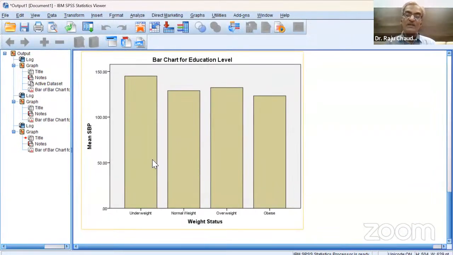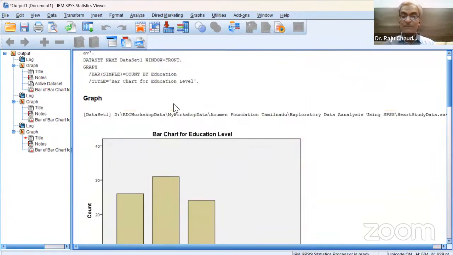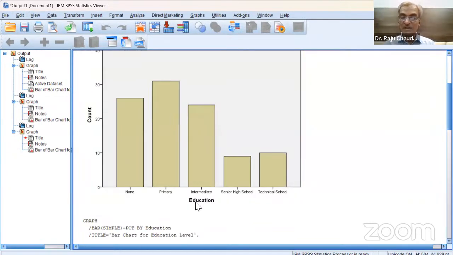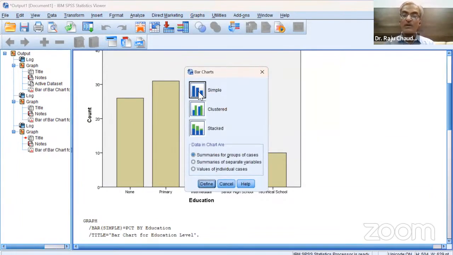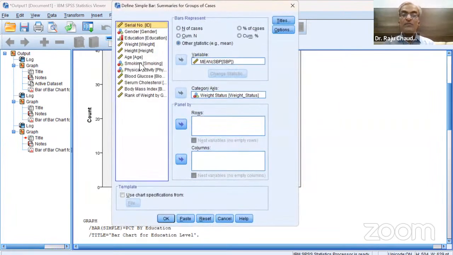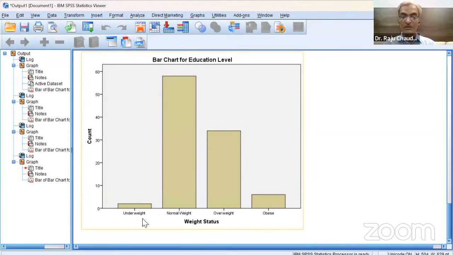Now see what we have. Try to understand the difference. In the first bar chart, for example, let us try to create a bar chart for weight status only. So just remove this number of cases and use weight status. See what we have.